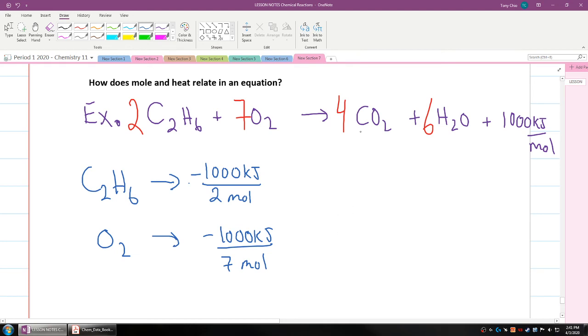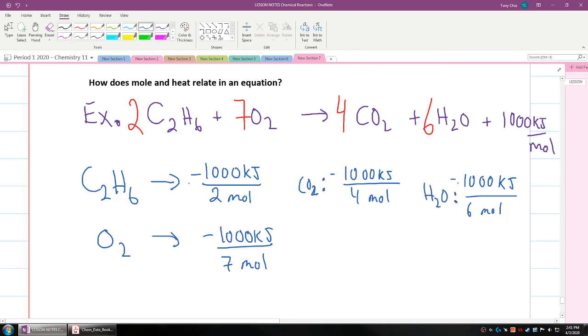For carbon dioxide, it's negative 1,000 per 4 moles of carbon dioxide. And for water, it will be negative 1,000 kilojoules over 6 moles. So this is how we can now use these as our conversion factors.